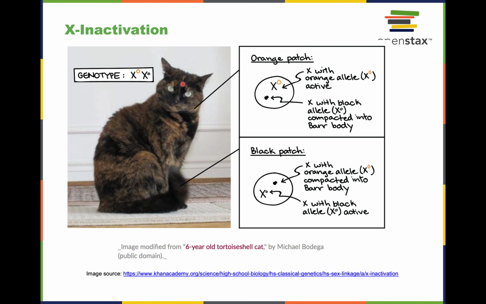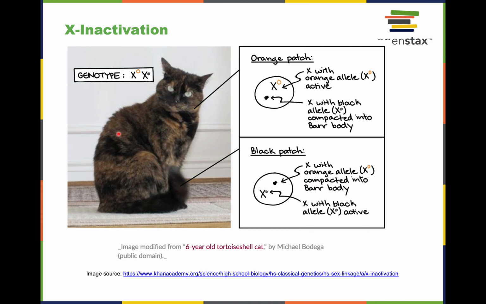So if you were to look at cells of females, you would see a normal X chromosome, but then you would also see some really dense material that doesn't really look like anything. It's called bar bodies.